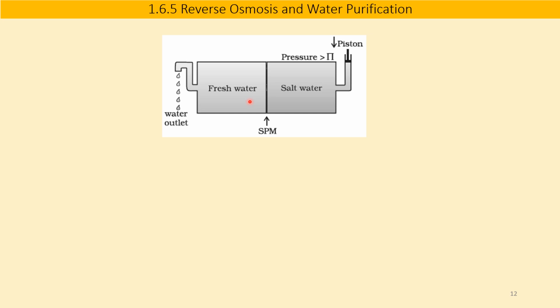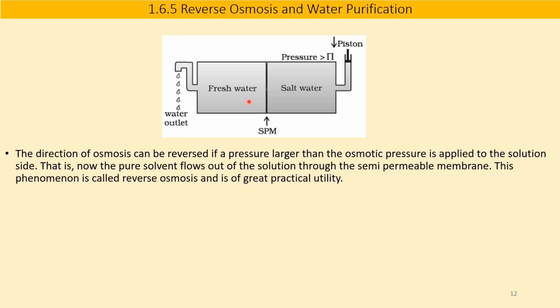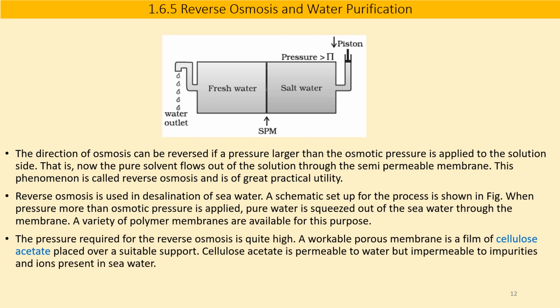Reverse osmosis is used in desalination of seawater. When a pressure more than the osmotic pressure is applied, pure water is squeezed out of the seawater through the membrane. A variety of polymer membranes are available for this purpose. The pressure required for the reverse osmosis is quite high.